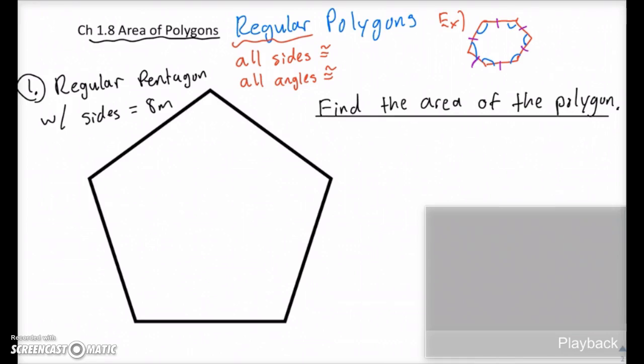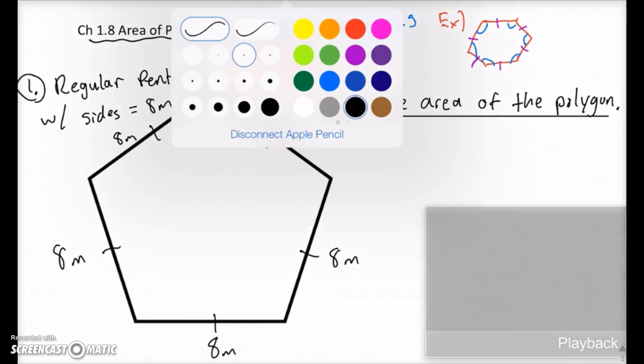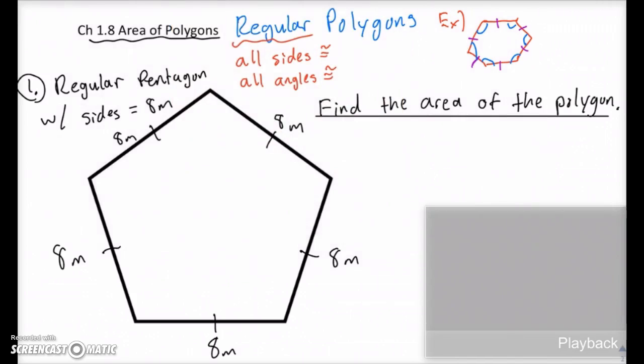We know all the sides are 8 meters, so I'm just going to draw right in here 8 meters, and since one of the sides is 8 meters, all of the sides will be 8 meters, since all the sides are congruent, since it is a regular pentagon. Now I want you to put a point at the center of that pentagon.